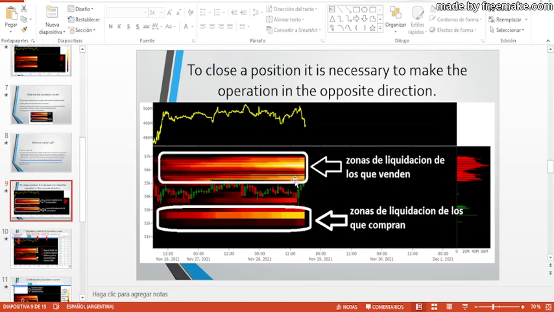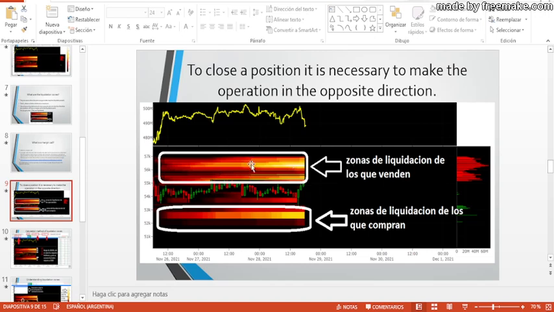So if we have a chain of orders, one above another, when the price takes one, it can liquidate a lot directly.